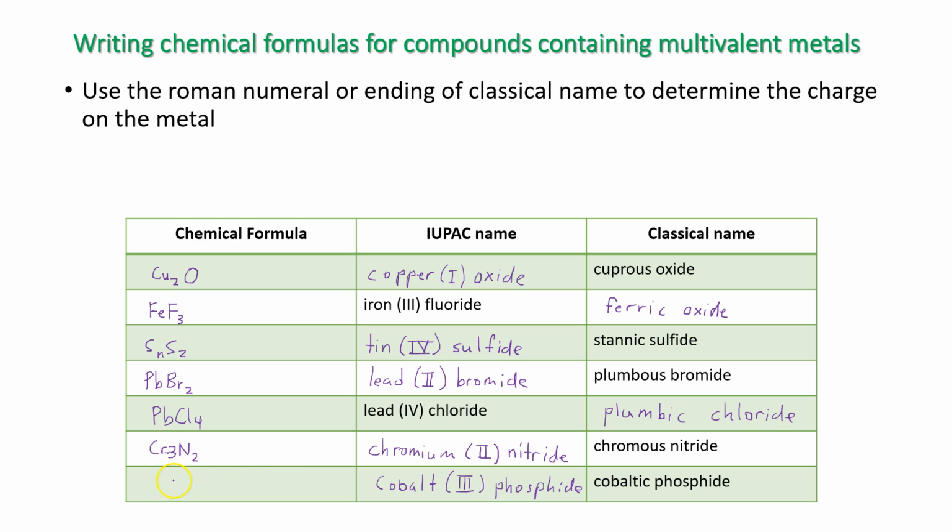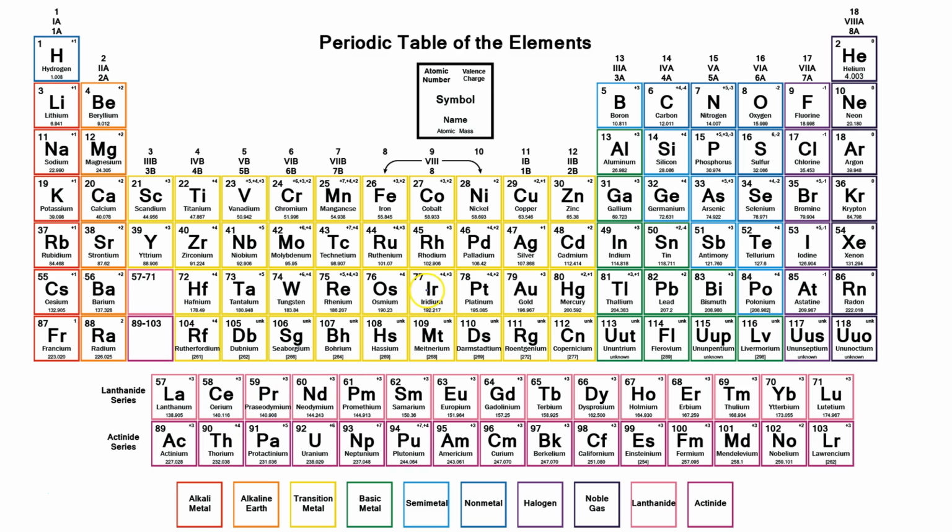So let's check the charge on phosphorus. Phosphorus can have a +3, +5, or -3, just like nitrogen. It's going to have a -3 charge when it's bonding with a metal.